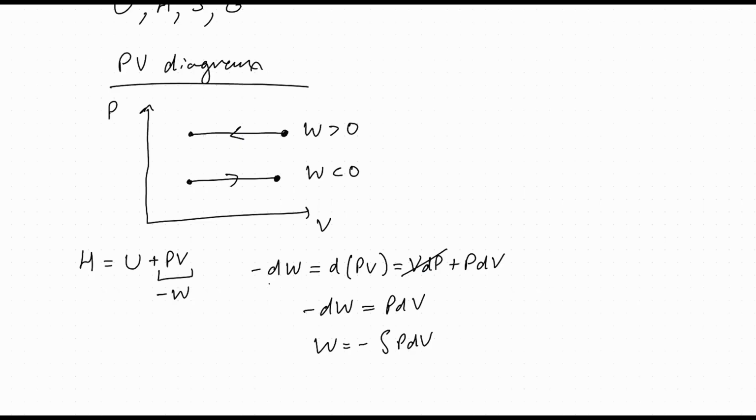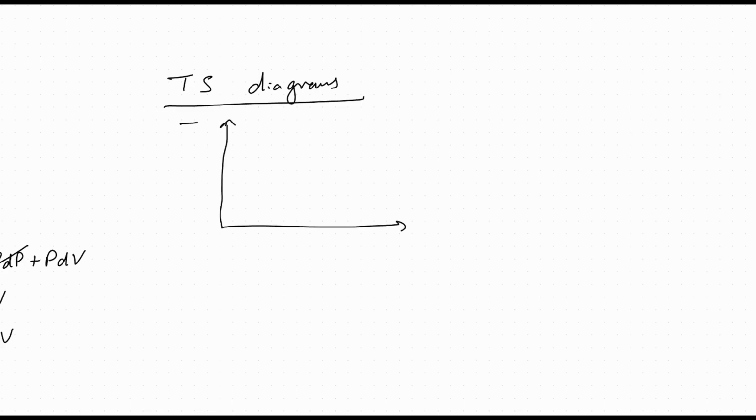Okay, so that's PV diagrams in essence. So now let's take a look at TS diagrams. Like PV diagrams, we have T on the y-axis and S, entropy, on the x-axis.